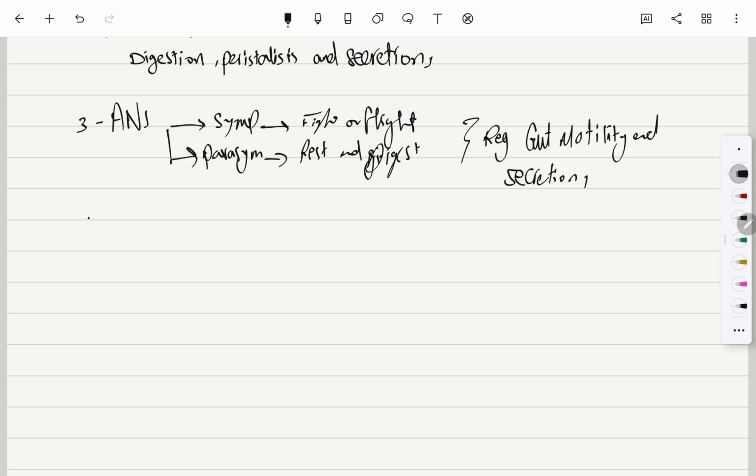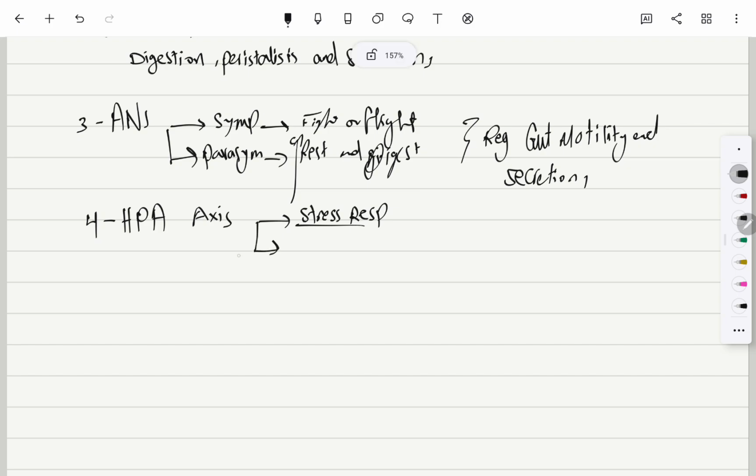Number 4, there is the hypothalamic pituitary adrenal axis. It controls stress response, as when there is increased stress, there is stimulation of sympathetic nervous system. When there is decrease in the stress, there is stimulation of parasympathetic nervous system.